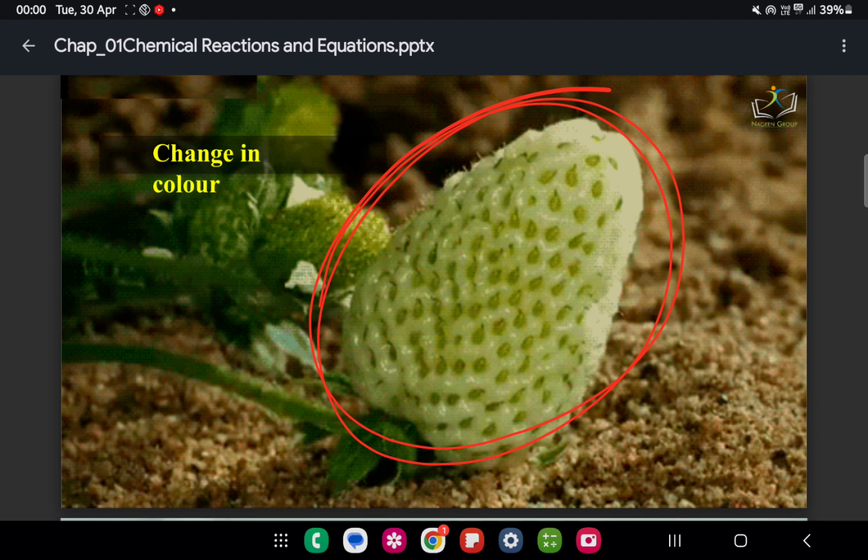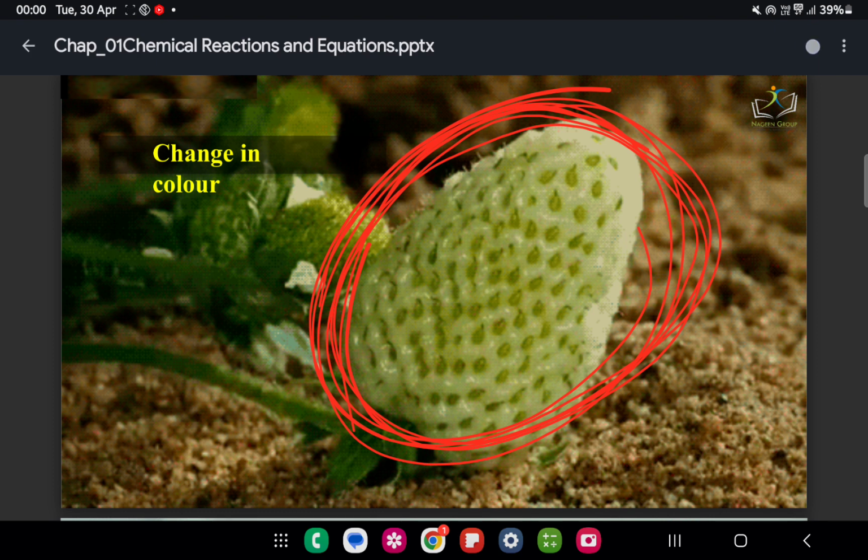We can't eat the green ones, it is not a fruit yet, it is the raw material of the fruit. In chemical reactions also, if we mix some chemicals together, we will get a different product as the color will be changed. That you will see in further classes.